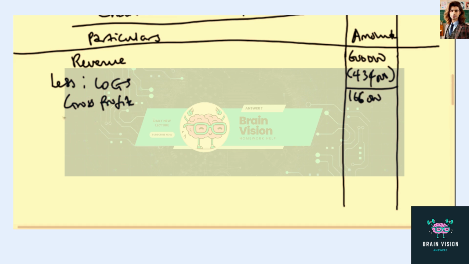Then less the general and the administrative costs, and that's 34,000.